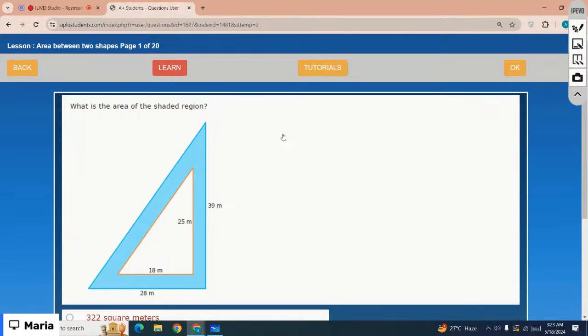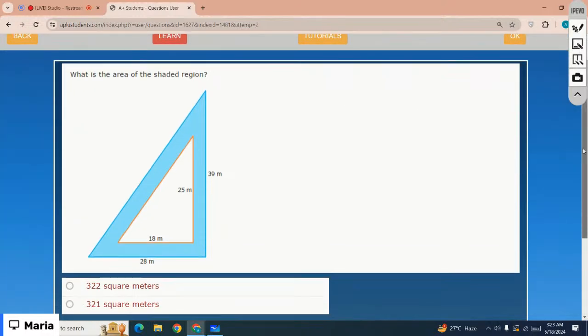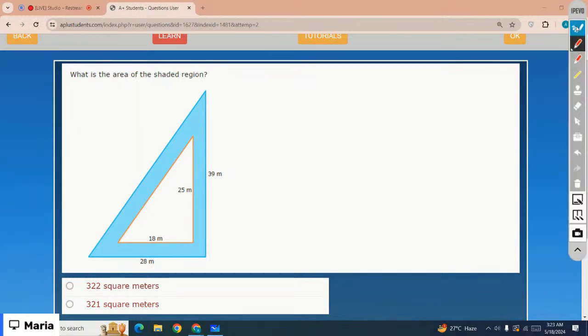Okay, so let's just calculate the area of the inner triangle, then the area of the outer one, and then we have to subtract the area of the inner triangle, right? Half times base times height. So that would be 25 times 9, that is 225. Same way, let's calculate the area of the outer triangle.